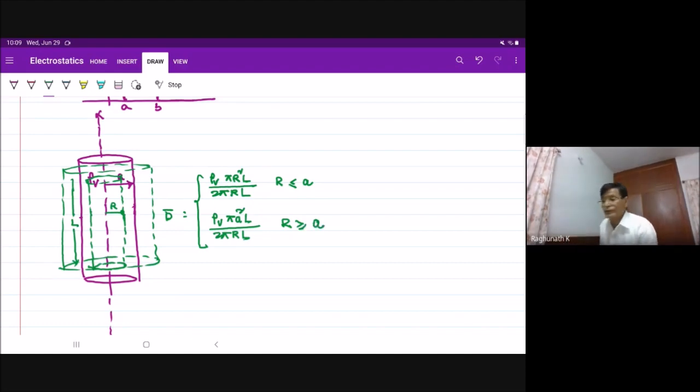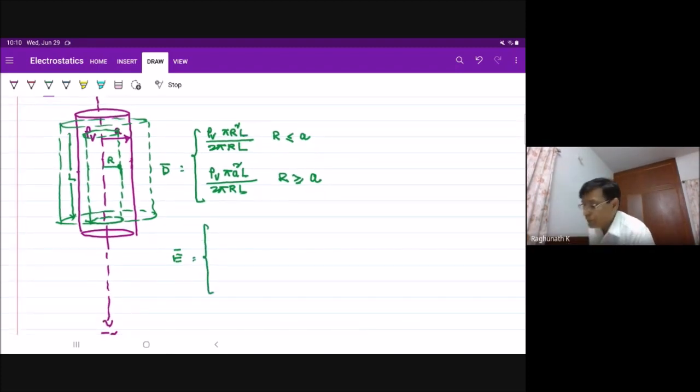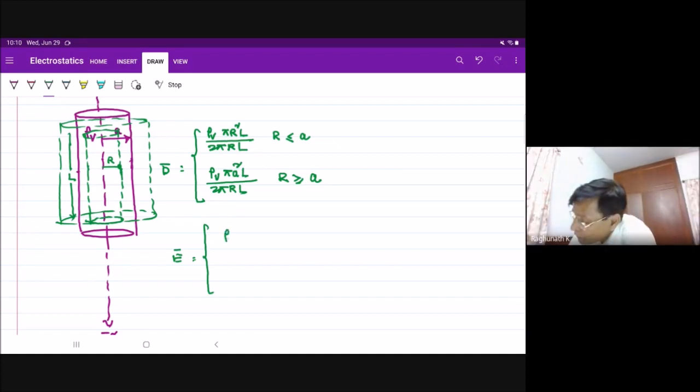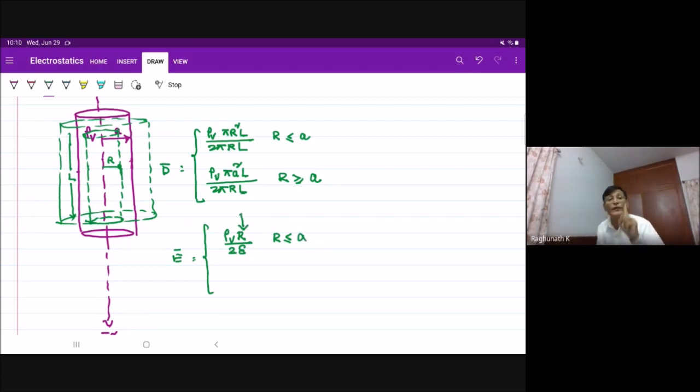Please check it once. So what is the electric field intensity? This is academic interest only, a hypothetical case. E bar is equal to D by epsilon, pi will go. Rho v r by 2 epsilon for r less than or equal to a. Here also, it is increasing linearly with r.